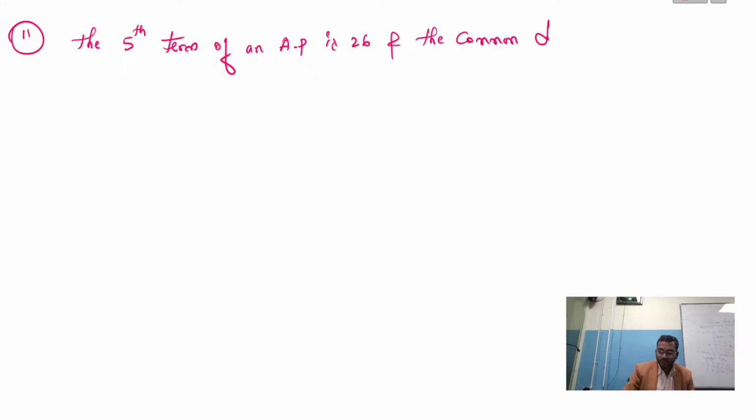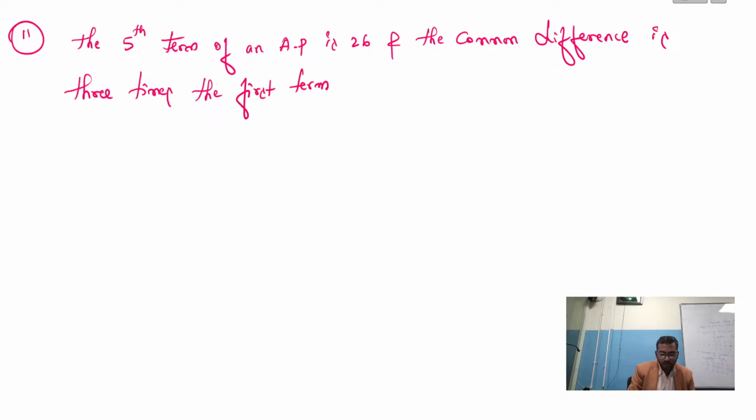Make a note. The next question here: the fifth term of an AP is 26, and the common difference is 3 times the first term.